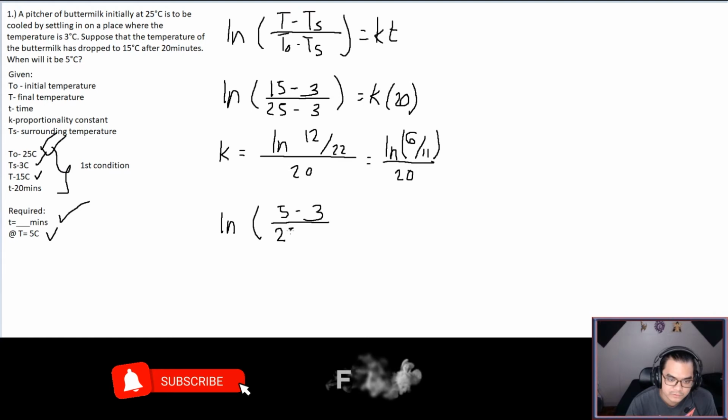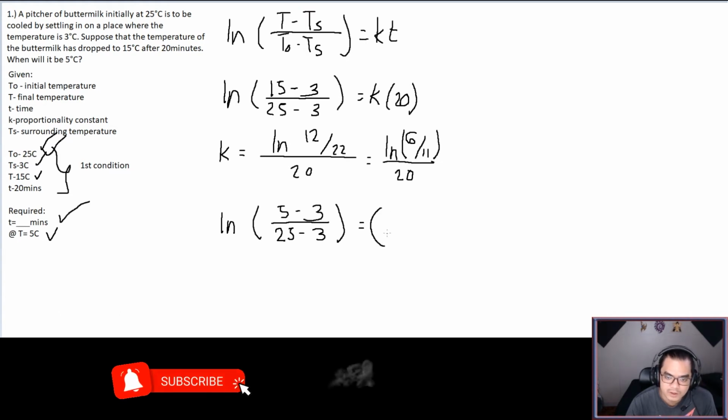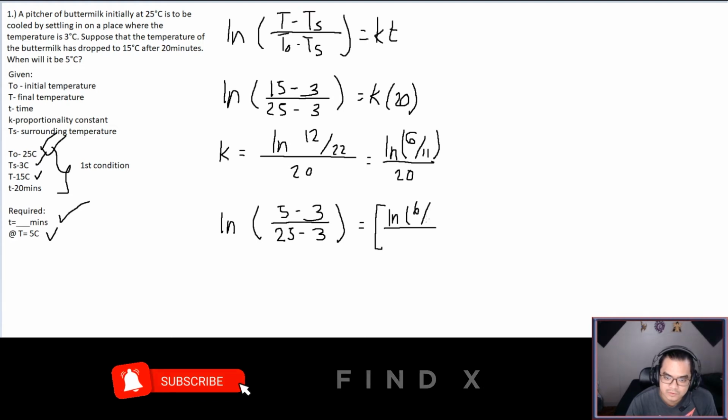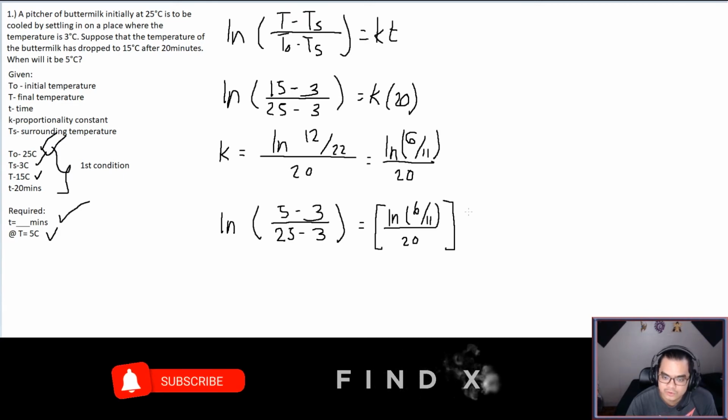So we have 25 minus 3 equal to the value of k, which is ln of 6 over 11 all over 20, times t. And the one that we are looking for is t.